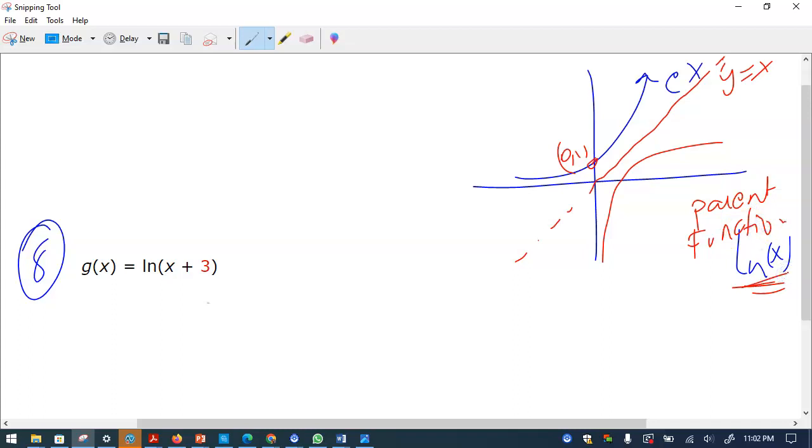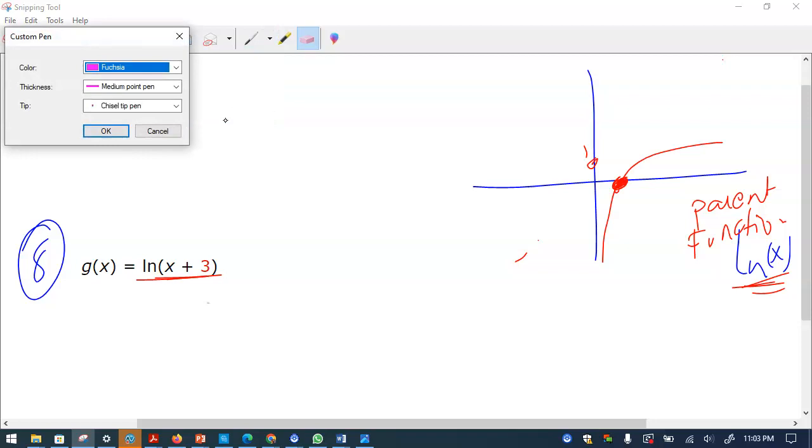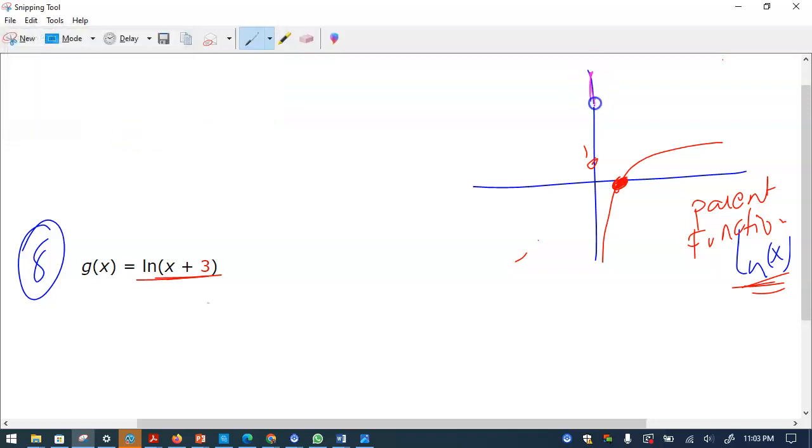In this case, they give us ln of x plus 3. What that basically means is this graph which you see right here. I'm not interested in this one, so I'll take this off. And here you will see there is a vertical asymptote.